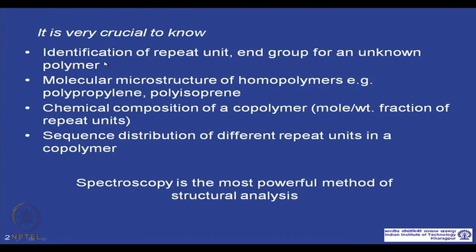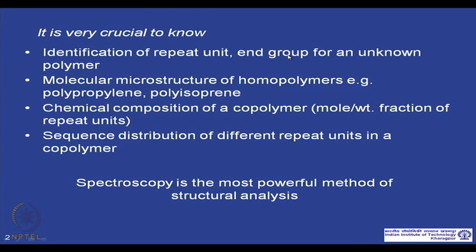Before going further to determine the properties of the polymers which we made, we must know what the actual chemical structure of the polymers is. So, it is crucial to identify the repeat units. We may have used a particular monomer, but whether that monomer exists in the same form as a repeat unit, we need to find out.